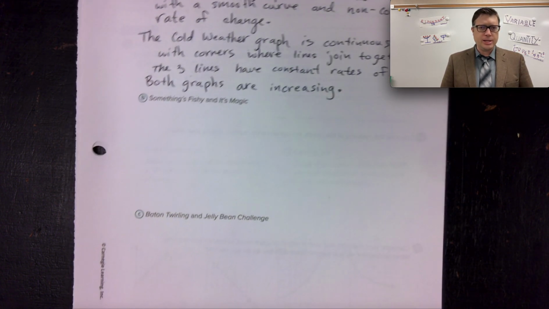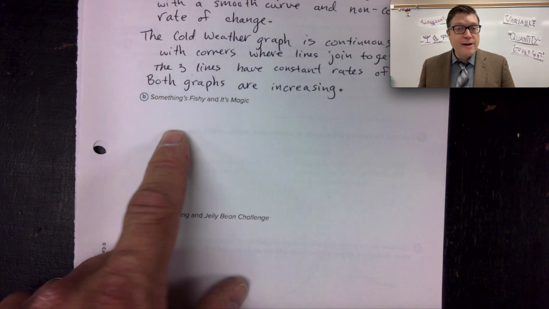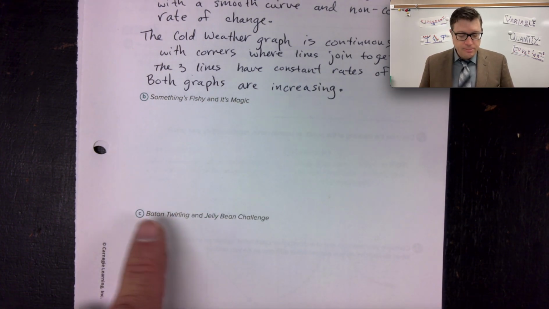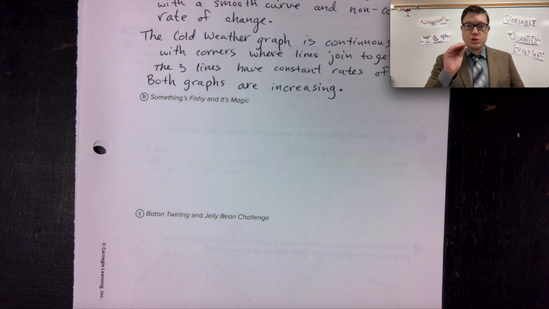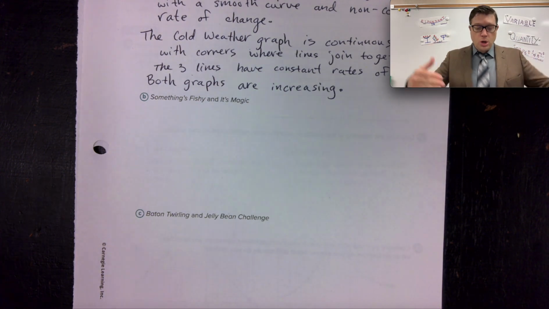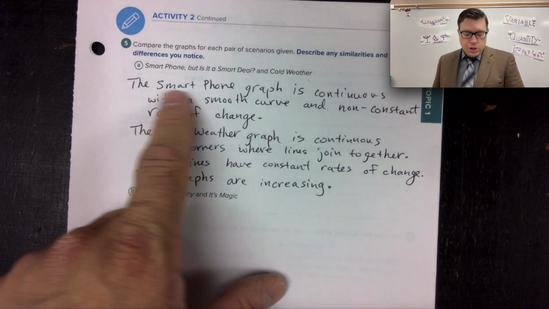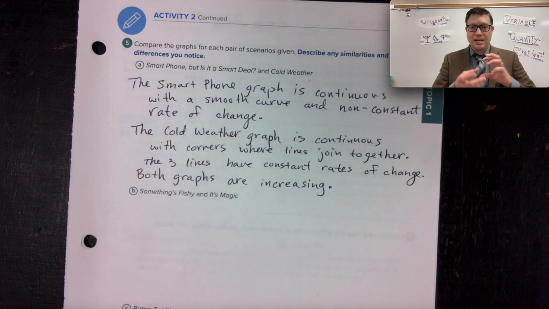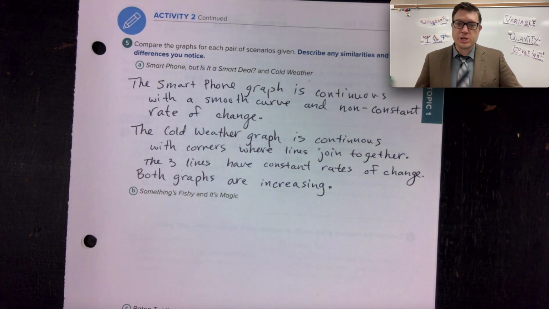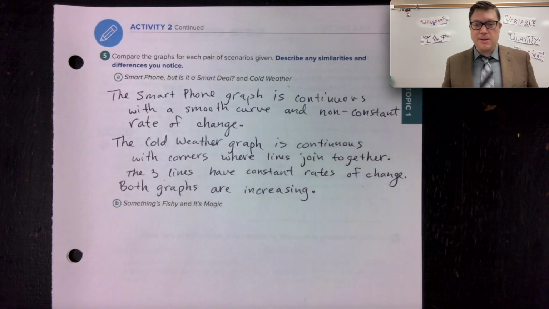And we're doing the same thing for the something's fishy graph and its magic, and then for baton twirling and jelly bean challenge. What I'm going to say you should do is you should pause the video, do your own analysis, and you can use the words that I said here and just fit them in with your own description, because maybe you say continuous, maybe you don't.